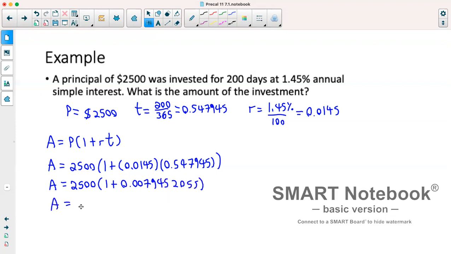So we've got A is equal to 2,500 times 1.0079452055. And we end up with an amount in the end that is $2,519.87.